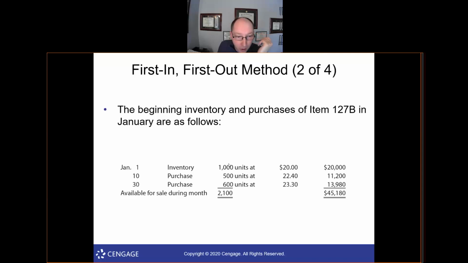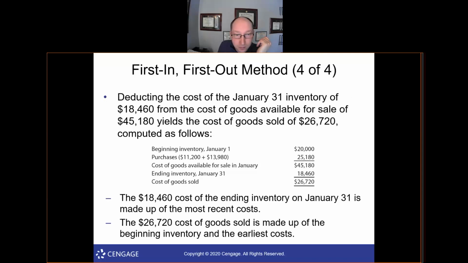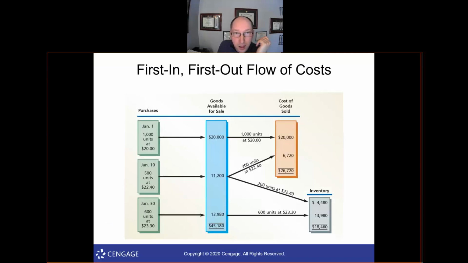Just another example. I like this one. This is obviously from our earlier example. This kind of shows a nice graphical representation of the flow, right? For first in, first out, January 1, 1,000 units, $20.